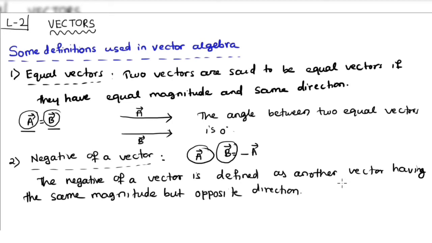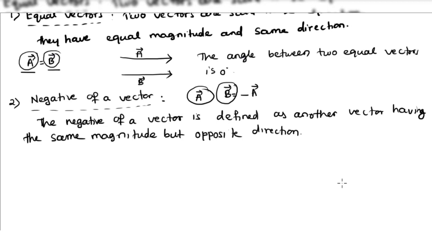For example, suppose I draw vector A. This is vector A. Now I'll draw another vector which will be negative of A.